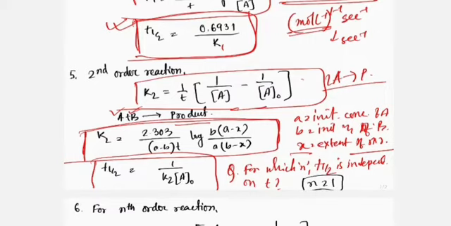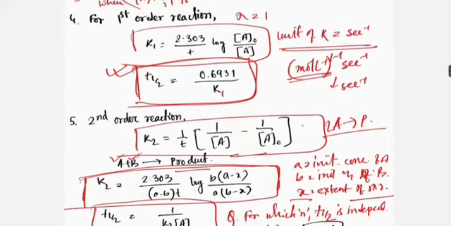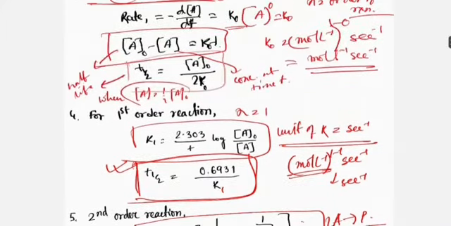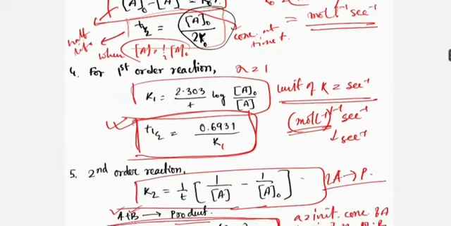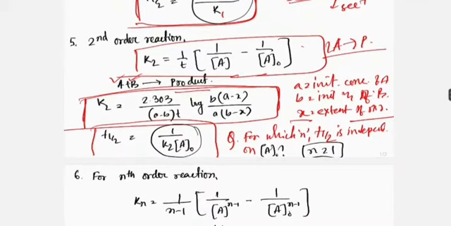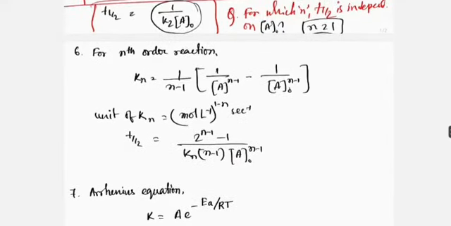For n equals 1, T half doesn't depend on initial concentration of A0. So only the first order reaction doesn't depend on the initial concentration of the reactant, right? As you can see, for the zeroth order reaction, it is A0 by 2K. For first order reaction, it is 0.693 by K1, and for second order reaction it is 1 by K2 into A0, right? Now let us come to nth order reaction.